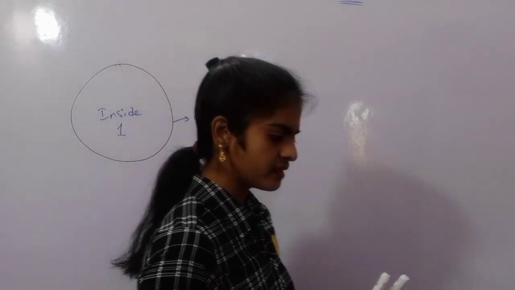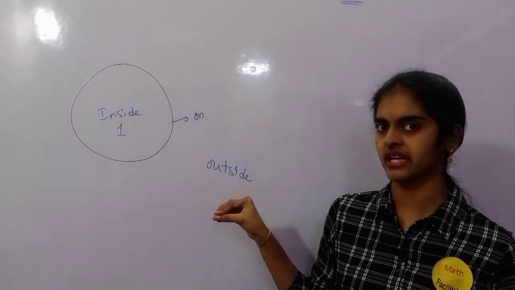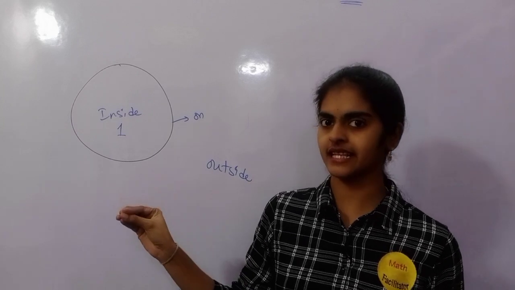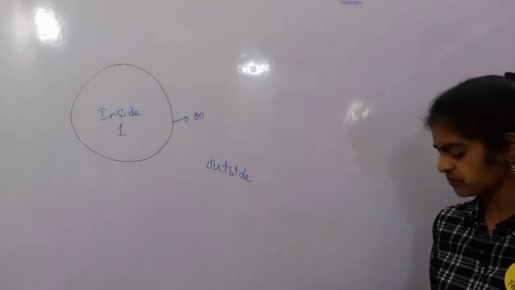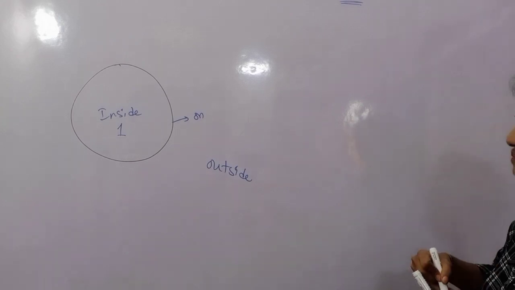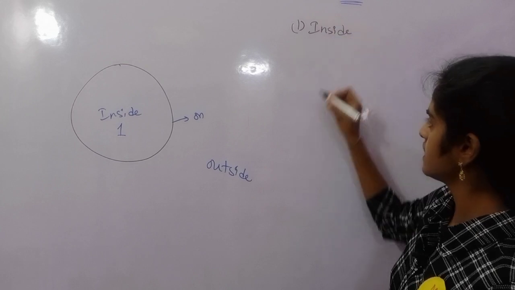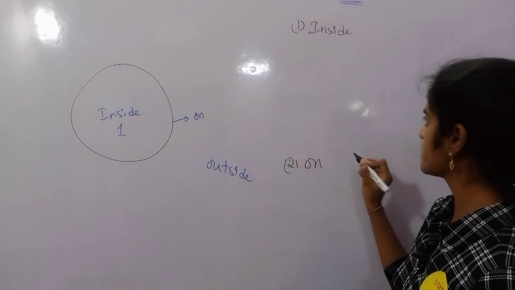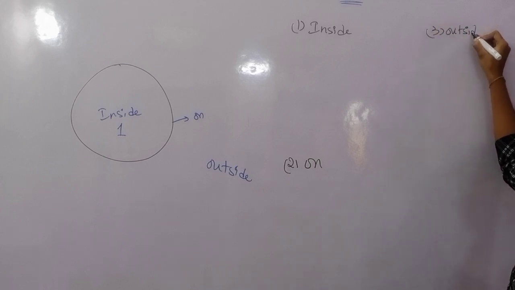Let me consider 3 points with respect to the circle: one point inside the circle, one point on the circle, and one point outside the circle.